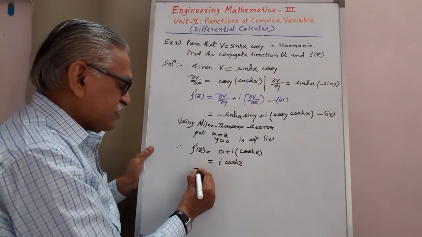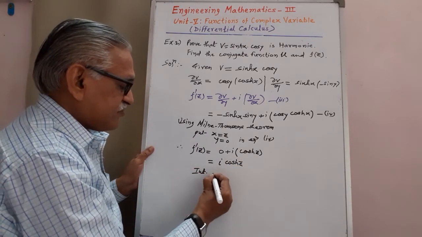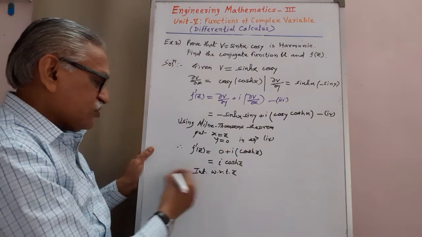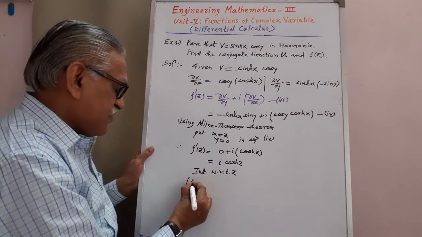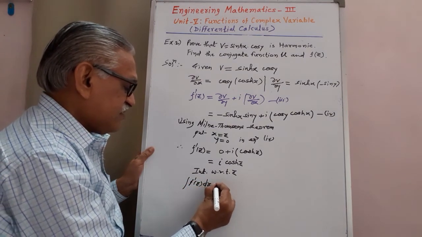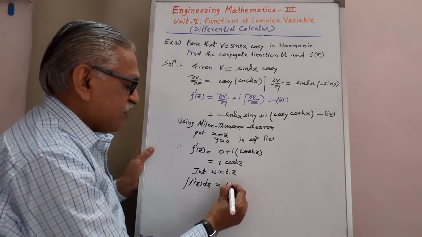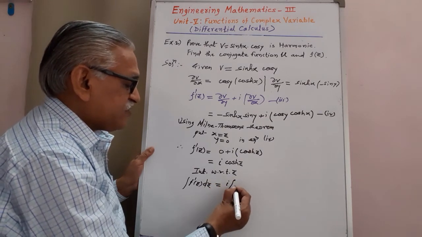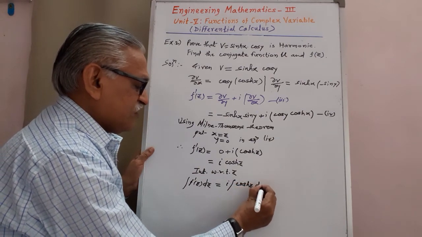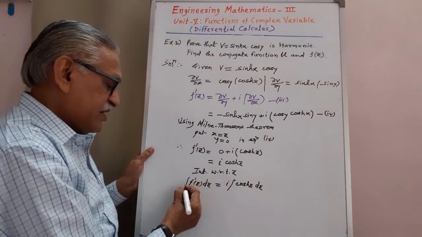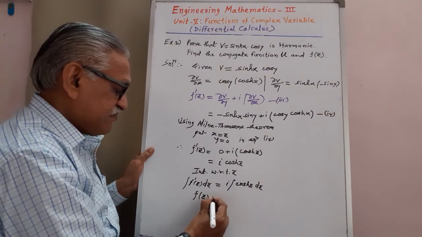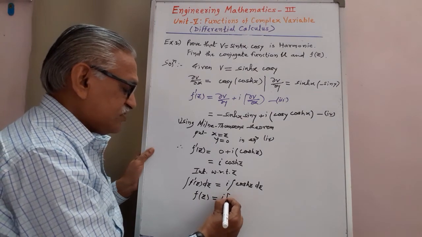Then integrating this with respect to z on both sides, we have the integration of f dash of z with respect to z, which equals i, a constant outside, times the integration of cos hyperbolic z with respect to z. Integration of f dash of z is f of z, i constant.